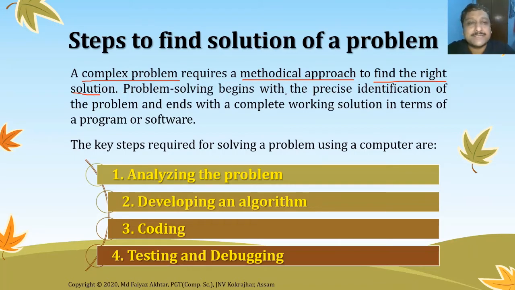Problem solving begins with the precise identification of the problem and ends with a complete working solution in terms of a program or software. We have to begin with precise identification of the problem. First we have to identify the problem precisely.